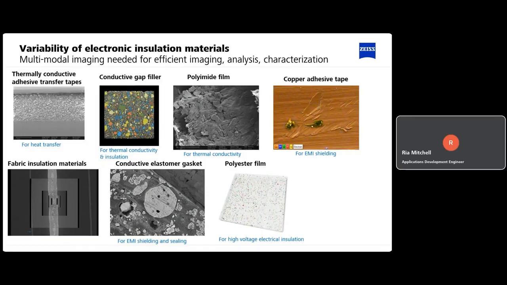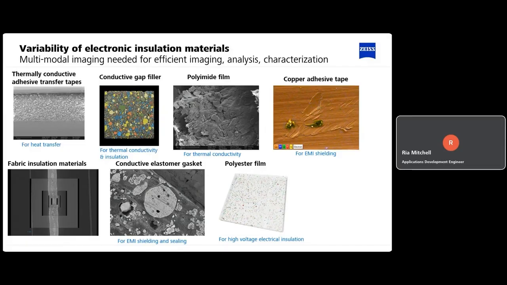So there's lots of different elements in there that we might want to image and characterize. There's differences in composition as well. So some of them might be more metallic-based, such as the copper adhesive tapes, which means that they're conductive, so easier to image. And then we have some other materials which are more polymer-based, such as the polyimide film, which are non-conductive, therefore, in theory, more difficult to image.